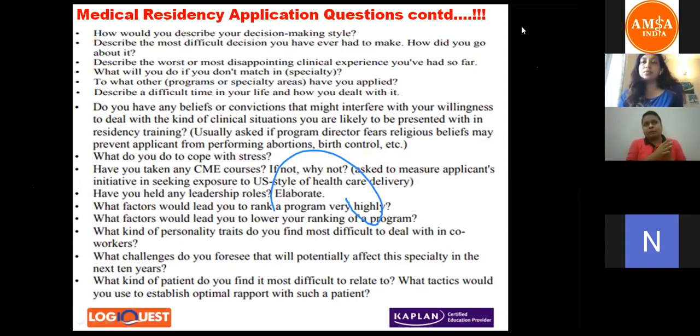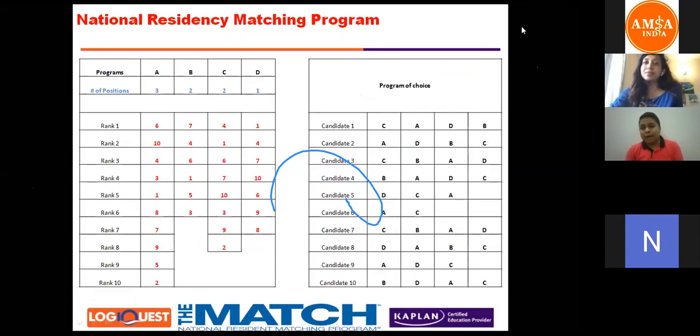The candidates will also submit their list of universities to the same body, which will do the matching process. Now I have a small algorithm which I would like to share with you, so it gives you a better understanding of how exactly this works.